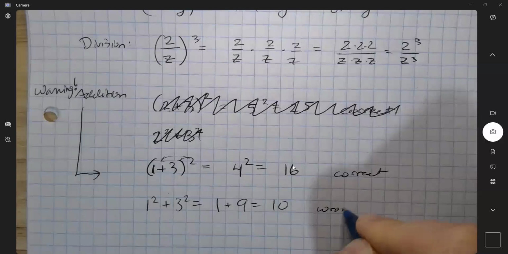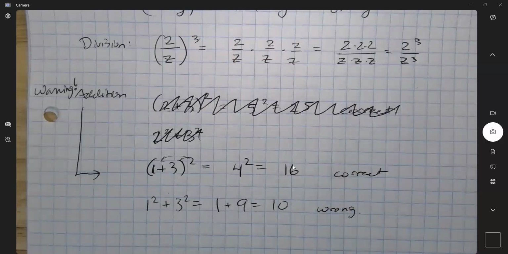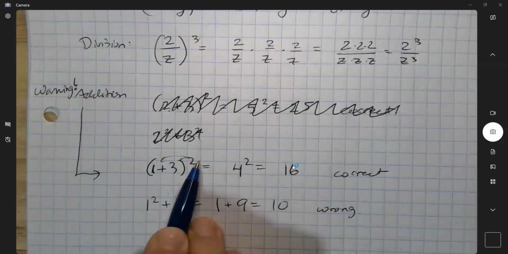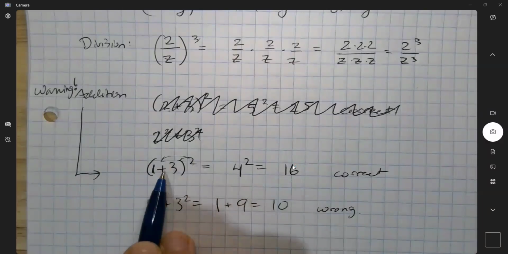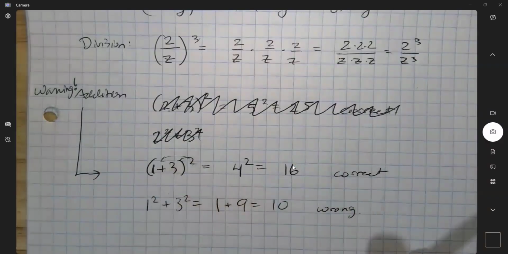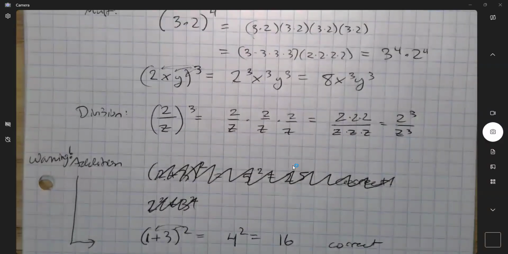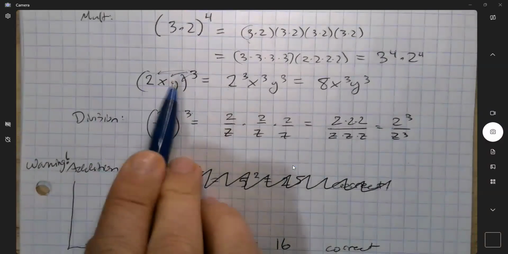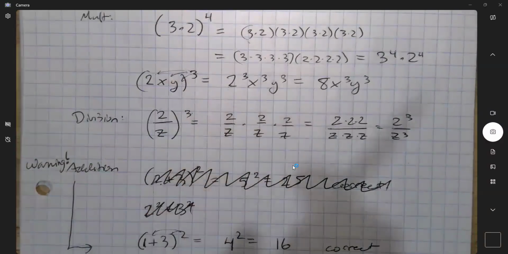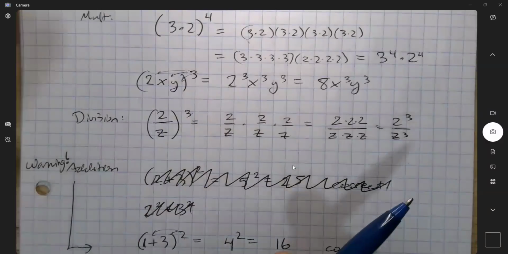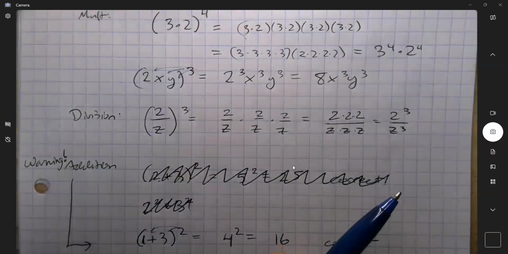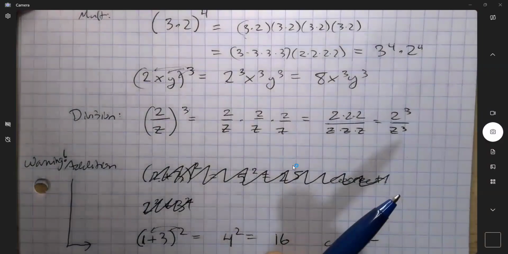And obviously those are not the same answers, and distributing the squared is wrong. So you cannot distribute a power when you have addition. And you also cannot distribute it when you have subtraction. You can only distribute a power when you have all multiplication or a combination of multiplication and division. That's okay too. You can mix multiplication and division, but you can't have any addition or subtraction.